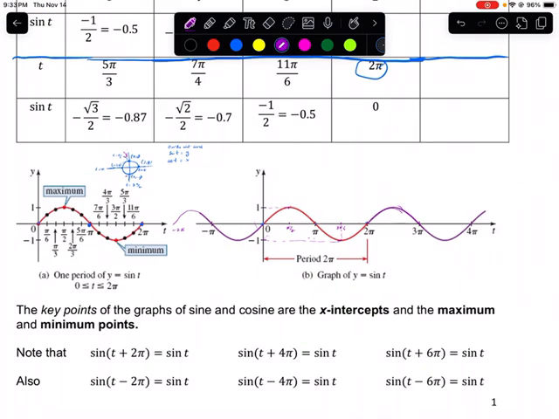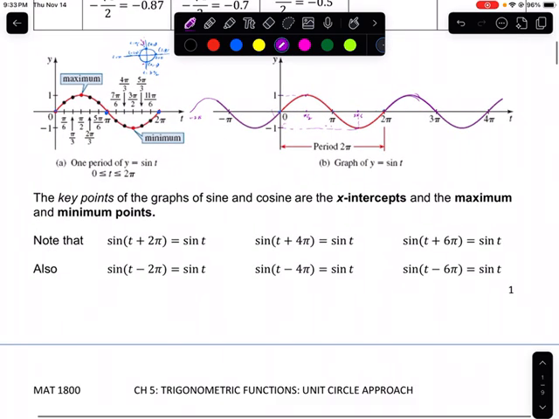This is how you are expected to graph the function of sine of t, or sine of x, or sine of theta, whatever. The key points of the graphs of sine and cosine are the x-intercepts and the maximum and minimum points. The maximum point will be 1, the minimum point will be negative 1. That is something to remember.